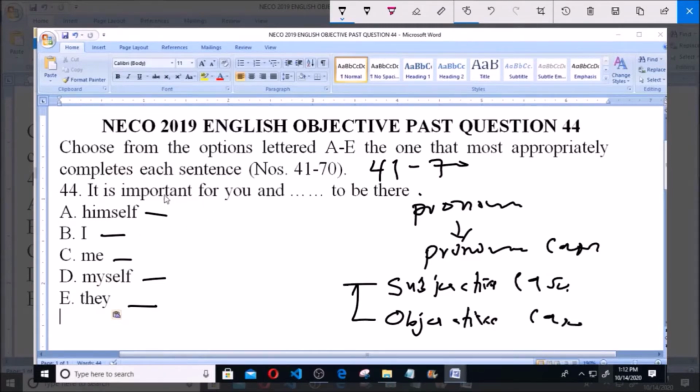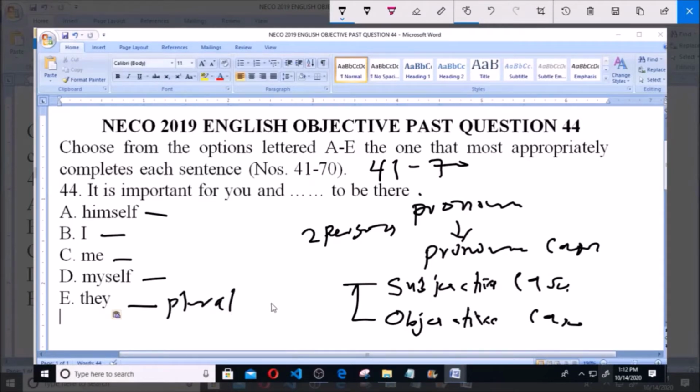Now it is important for you and dash to be here. We cannot say they, because by this expression the statement points to two persons, and you cannot say you and they again. No, because they is a plural form.